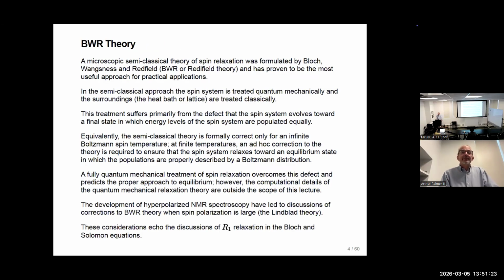So this theory that we'll develop is called the semi-classical theory. It's frequently given the initials BWR theory for Bloch, Wangsness, and Redfield, who developed it, or sometimes just called Redfield theory. It's semi-classical in the sense that, again, the lattice that we talked about that exchanges energy with the spin system, we treat as a classical heat bath.